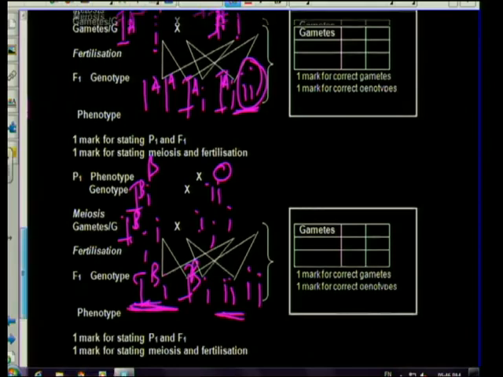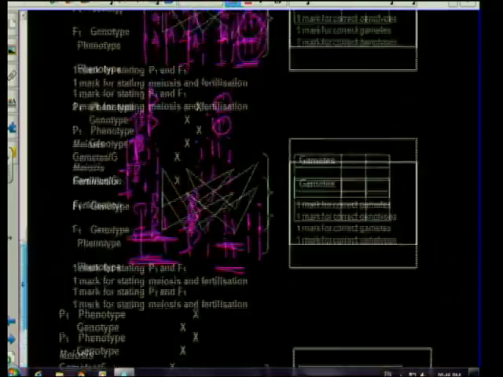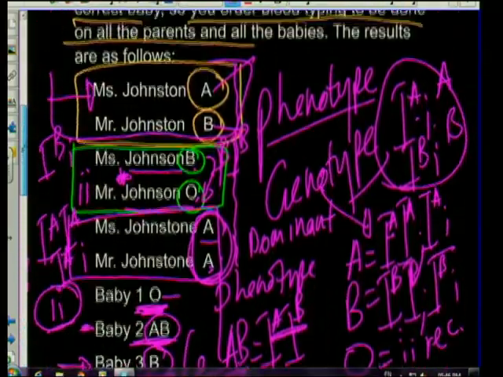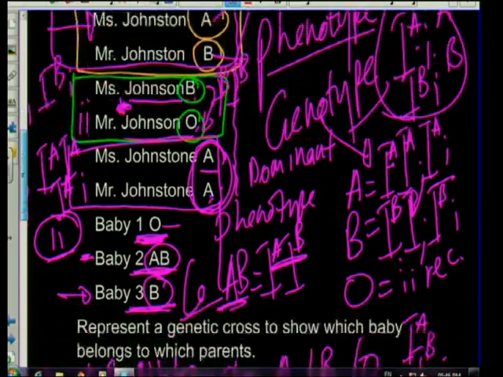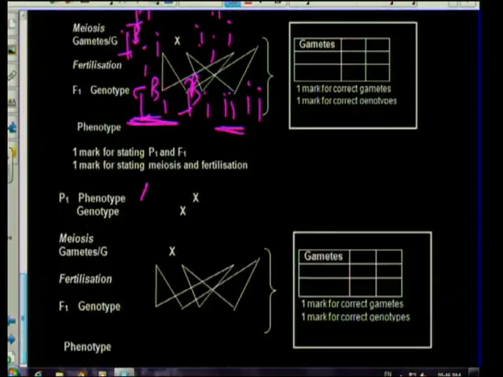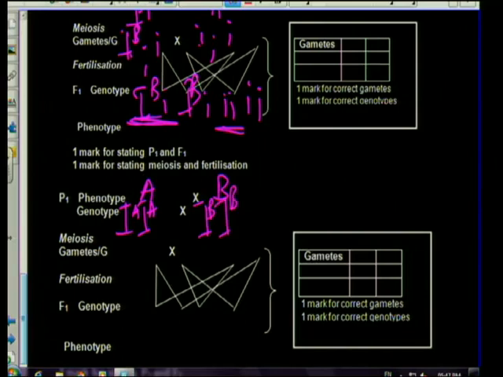Okay? And the last set of parents was Mr. and Mrs. Johnston, A and B. Here let's use homozygous. Let's say they're IAIA and IBIB. Remember, they could be homozygous or heterozygous. You can show both.